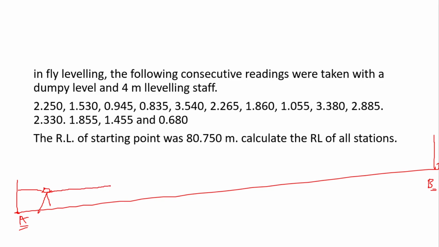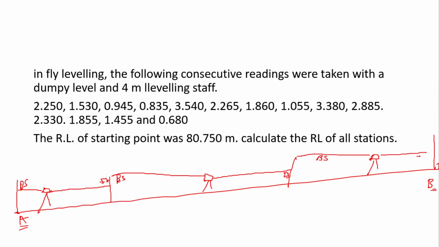We will take a backsight reading and a foresight reading, and then shift our instrument in such a way that we reach our station B. Again it will be your backsight and your foresight. In the third setup it is backsight and this is your foresight. In this method there is no intermediate sight reading.